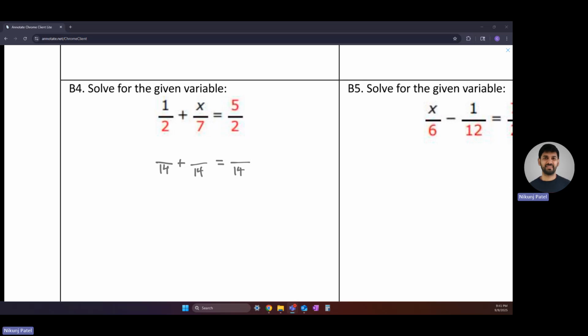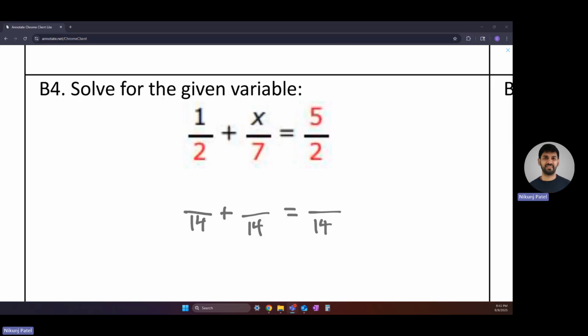And now just thinking about how do we get from 2 to 14? We multiply by 7. Or how do we get from 7 to 14? Well, we need to multiply by 2. So similarly, we take the same value.